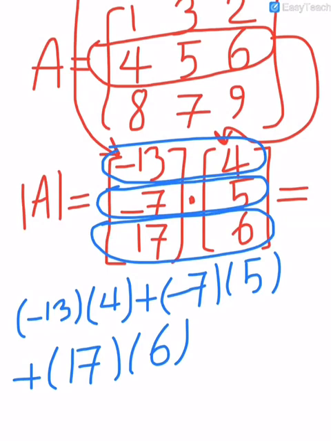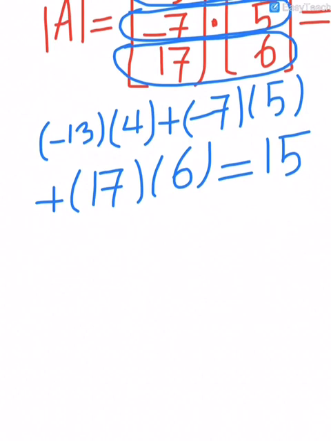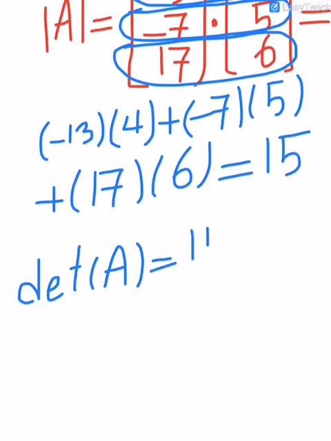So the result is going to be 15. So the determinant of matrix A is 15.